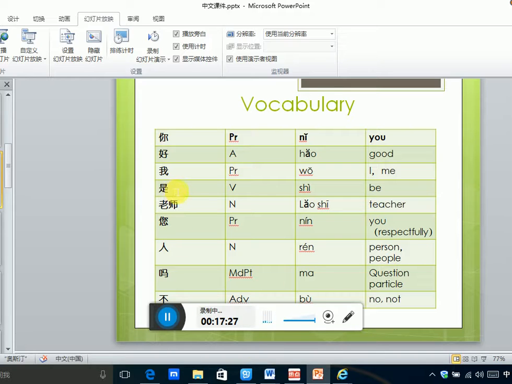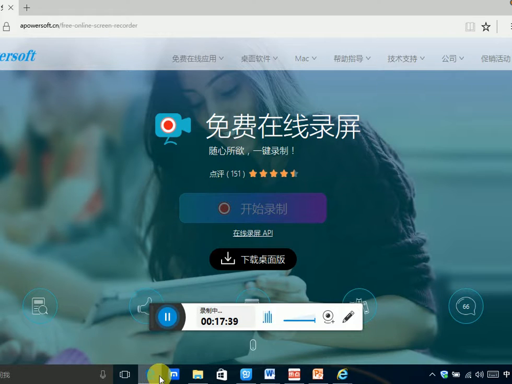And the fourth word, 是, is "to be". It's like "am, is, are" in an English sentence. We're going to explain this word later and how to use it as well.